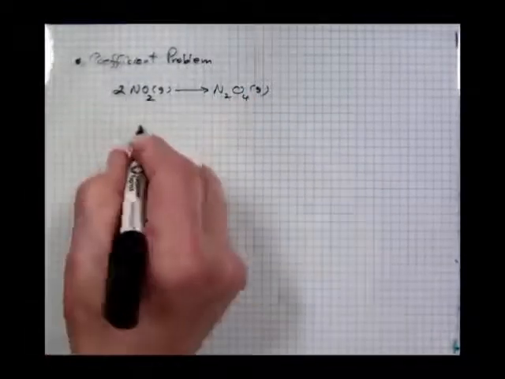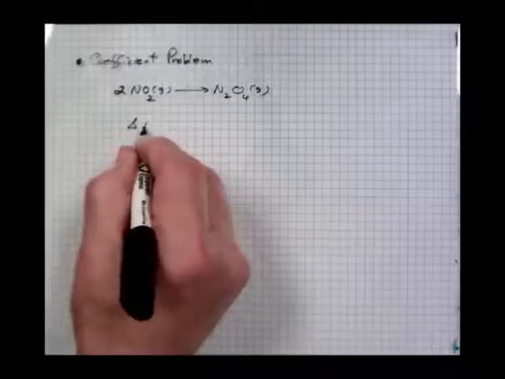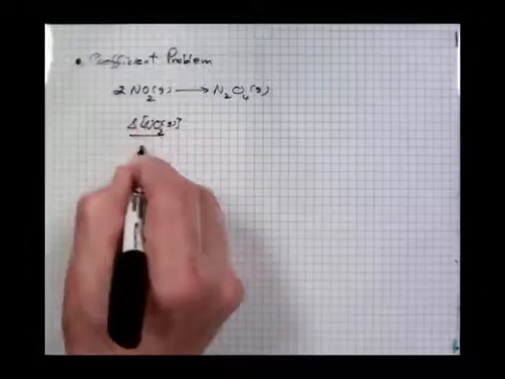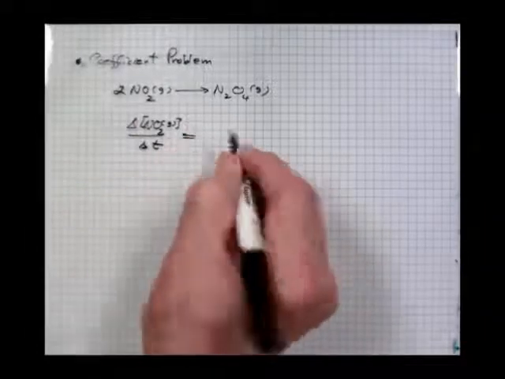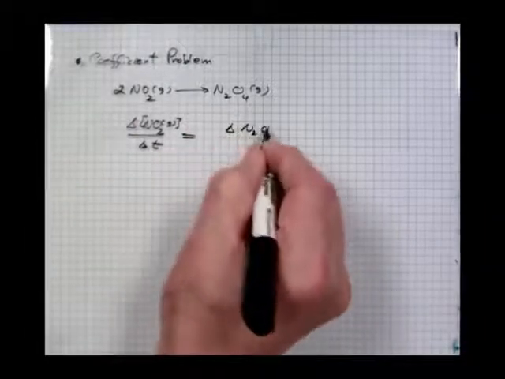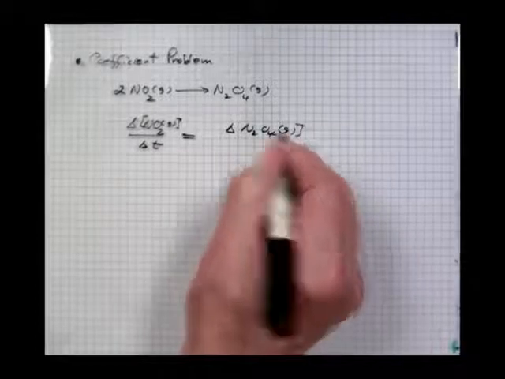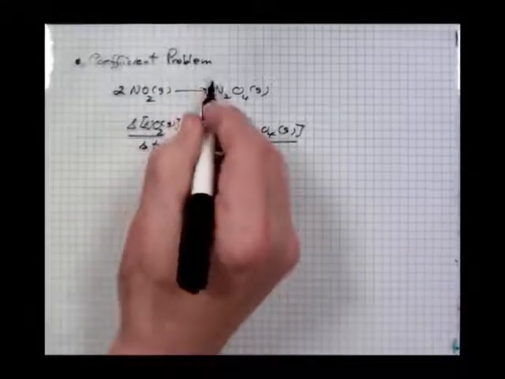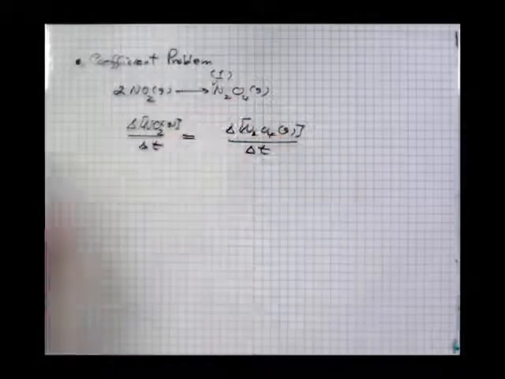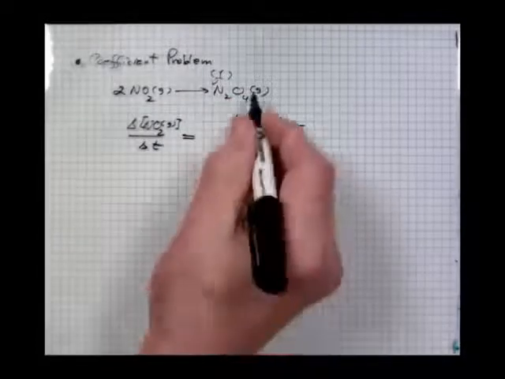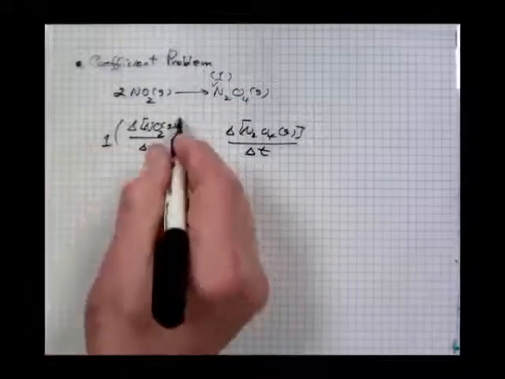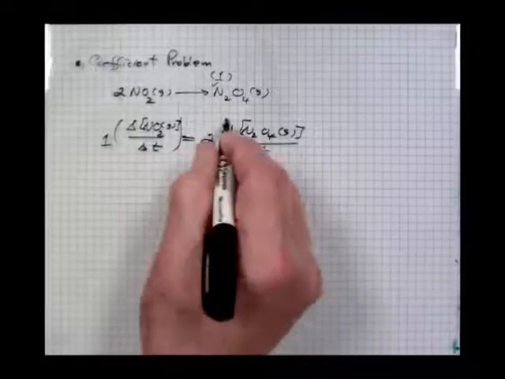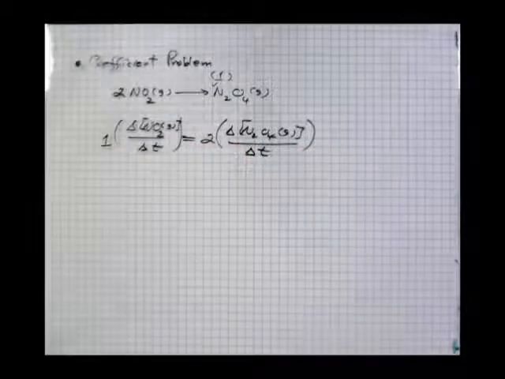So we simply set up our equation: change in NO2 gas over change in time equals change in N2O4 gas over change in time. Now the coefficient in here is of course understood to be 1, and so we bring that over here, and the coefficient over here is placed in there at 2.